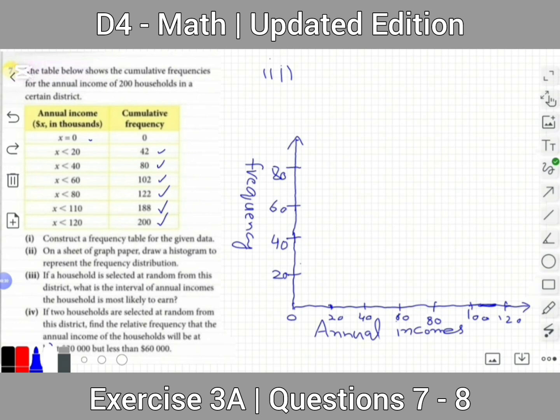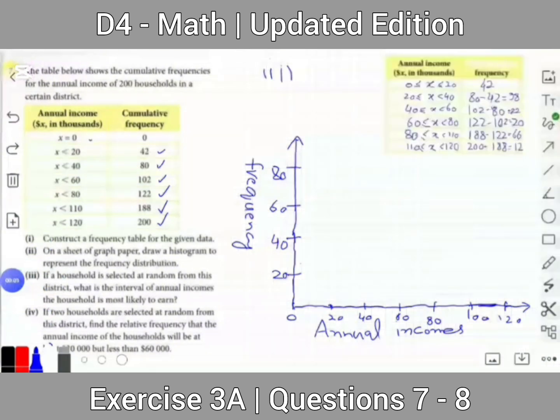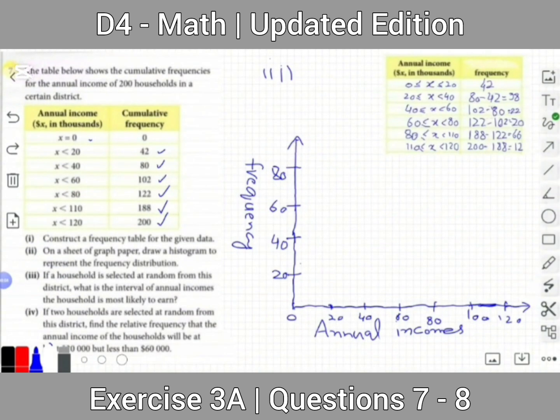Since we have grouped our data into class intervals, here we have the corresponding frequencies in front of each class interval.